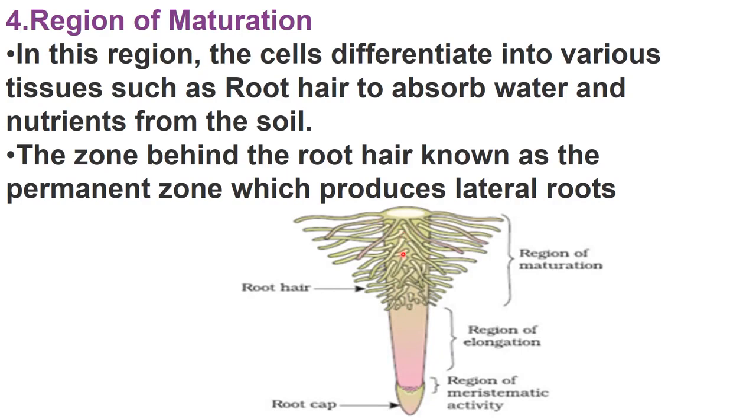From where will those lateral roots arise? Only from this maturation region, not from here, not from here. They arise here from the region of maturation, just below the root hairs. So all these are parts, or regions, of the root. Now you need to make this diagram and label all the parts of the root.